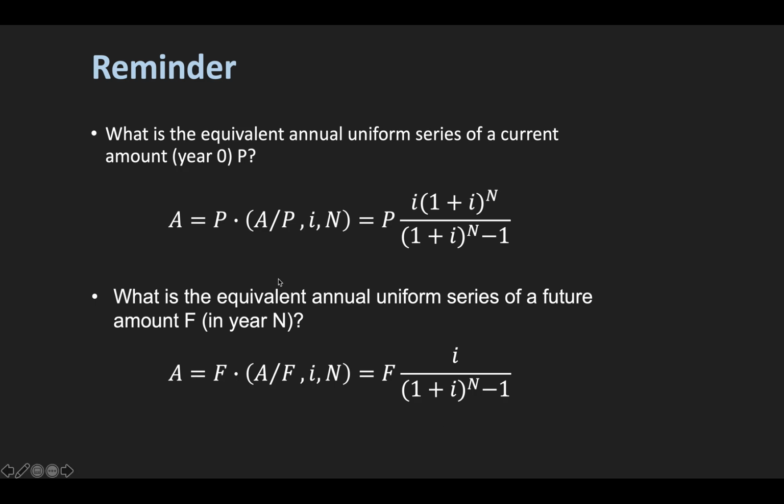Once you have any present value, you can convert that to A. And if you have any future value, you can convert that to A as well. Except replacing I with the MARR, all the other things stay the same. The functions stay the same. We already did the examples on this, so you can easily convert any P or any F to A. That's not a problem at all.